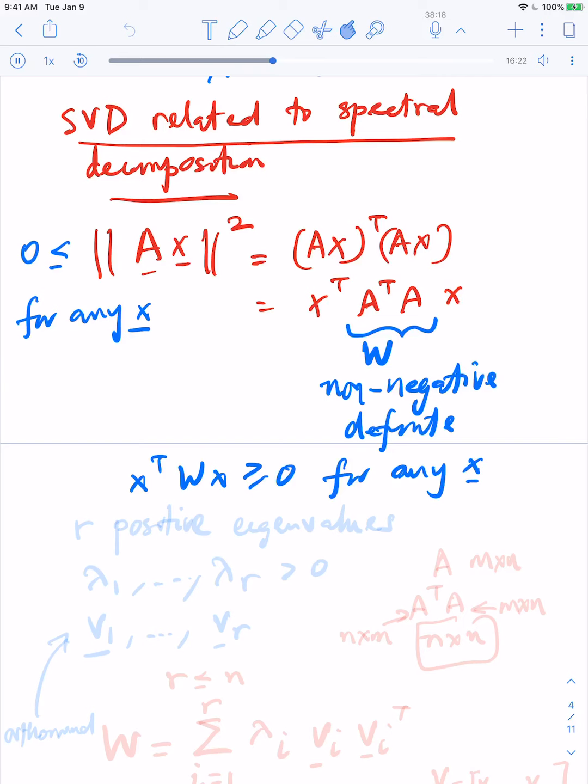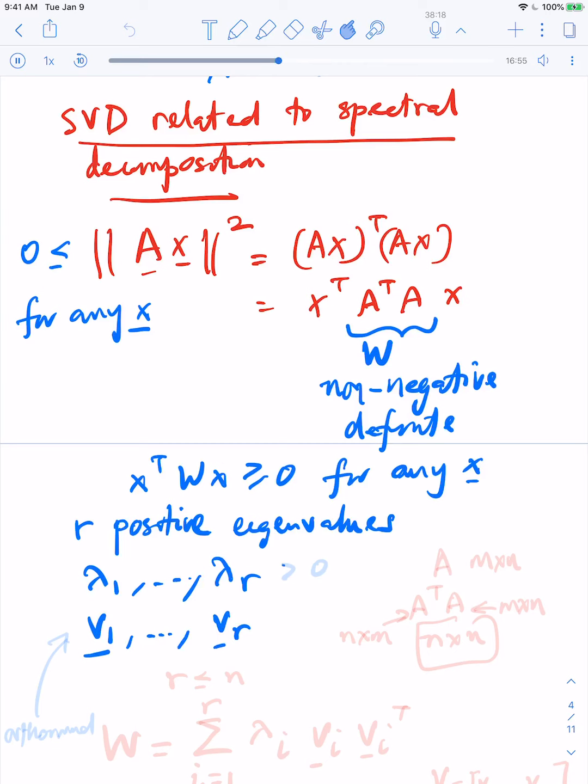So its eigenvalues are non-negative, and suppose it has R strictly positive eigenvalues. Let me call them lambda 1 through lambda r, and then there's a bunch of zero eigenvalues, and then corresponding eigenvectors are those v1 through vr that we are talking about.